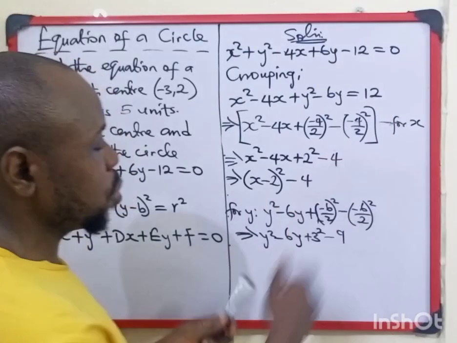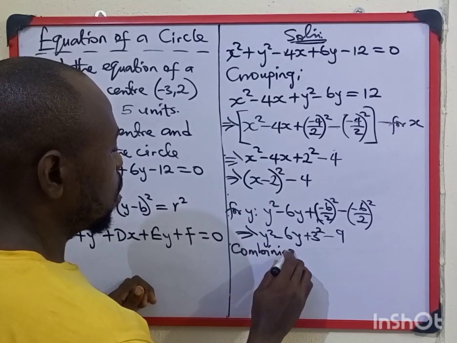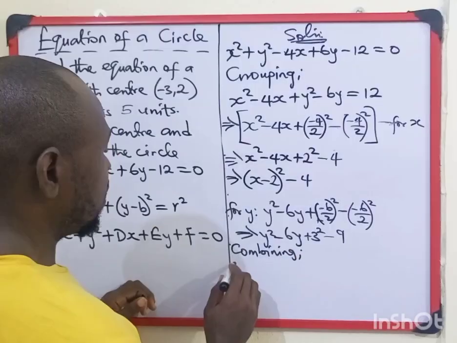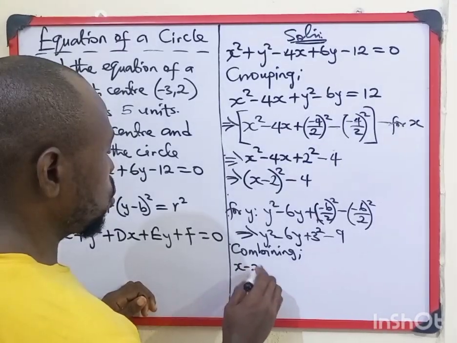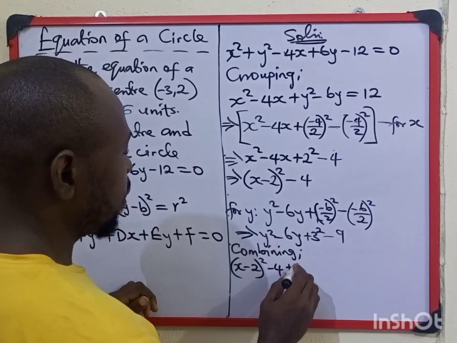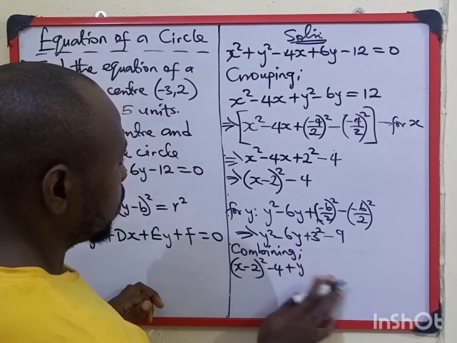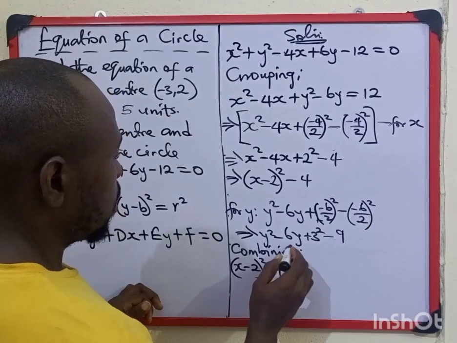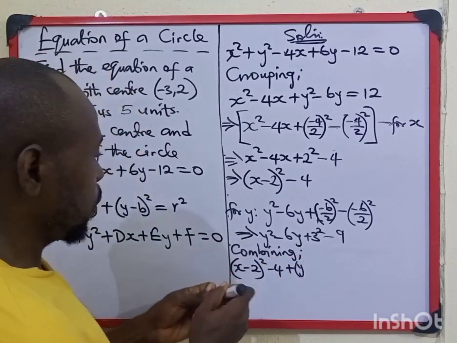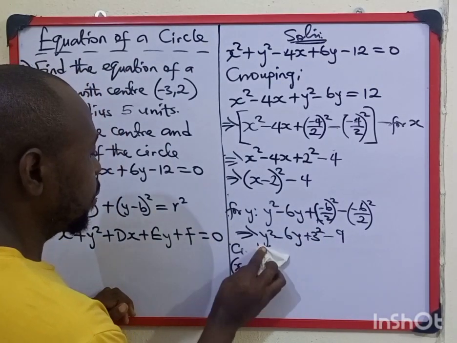Then I can now combine the two. I will have x minus 2 all squared minus 4, then plus, sorry, I made a mistake here. I didn't complete that of y.